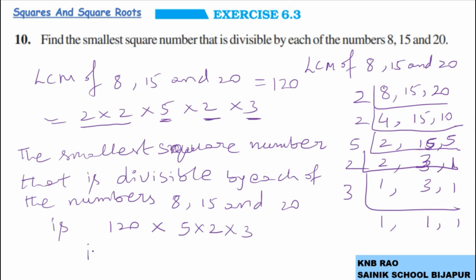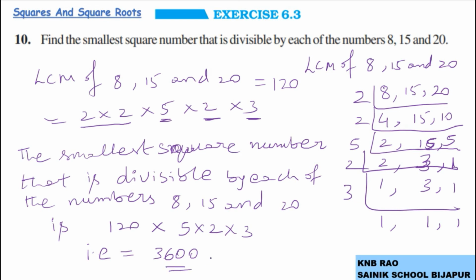Now what is that number? 120 multiplied by 5 is 600, 600 into 6 is 3600.